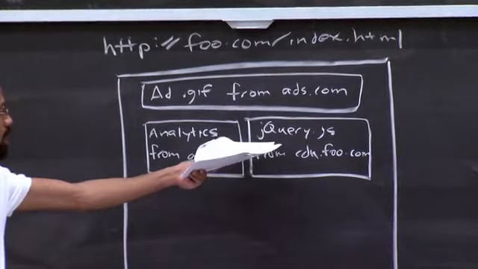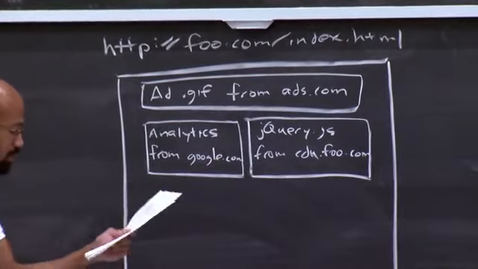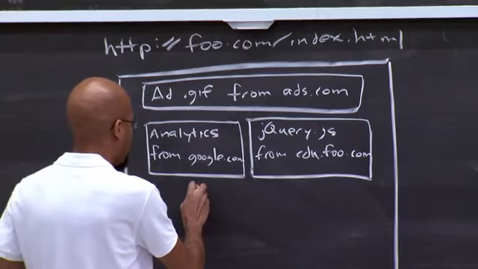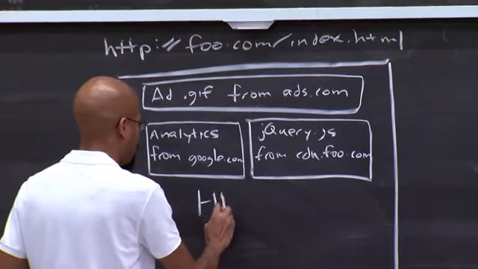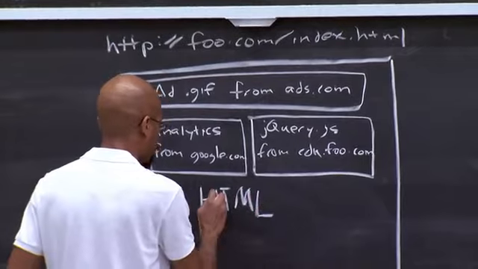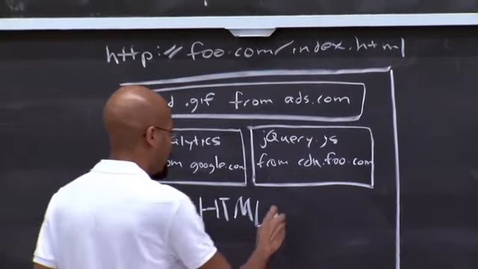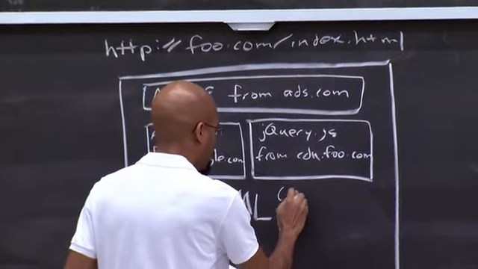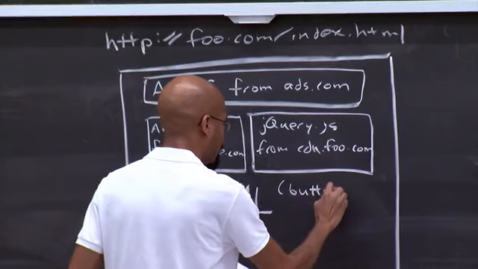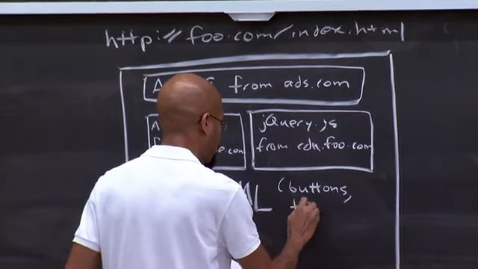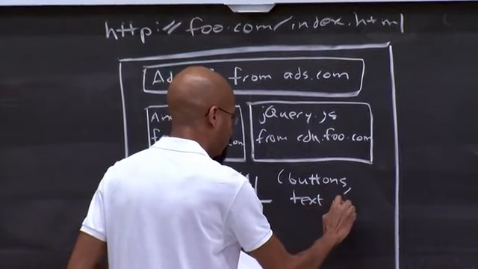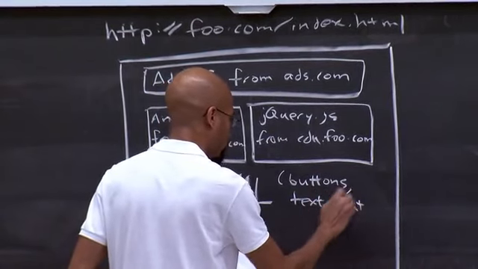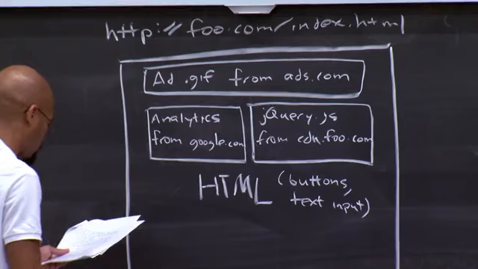So a lot of popular websites have jQuery, although they serve it from different places. And then in this page, you might see some HTML. And here's where you might see stuff like buttons for the user to click on, text input, so on and so forth. Right, so that's just raw HTML on the page.